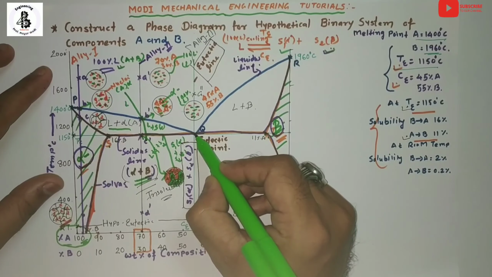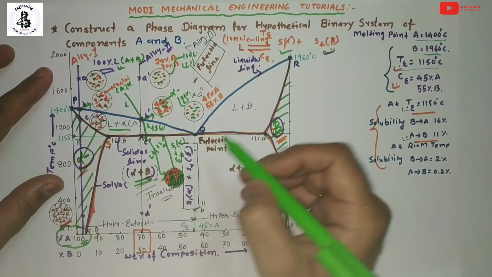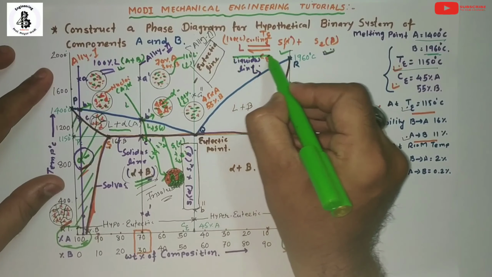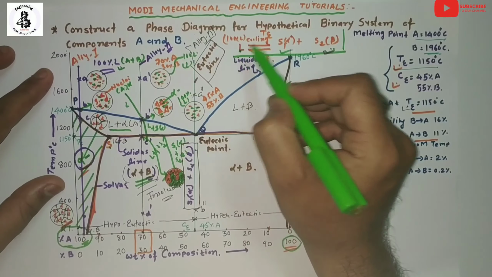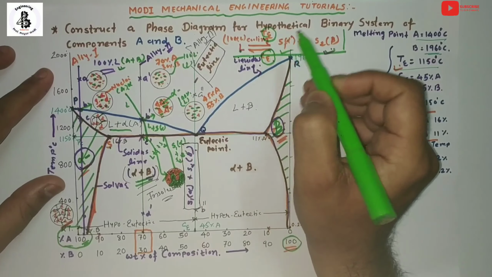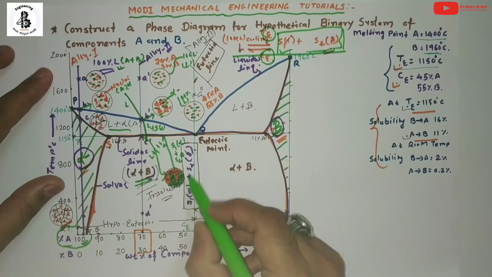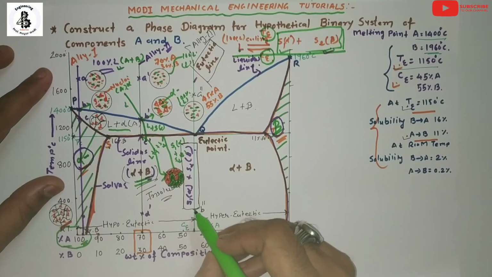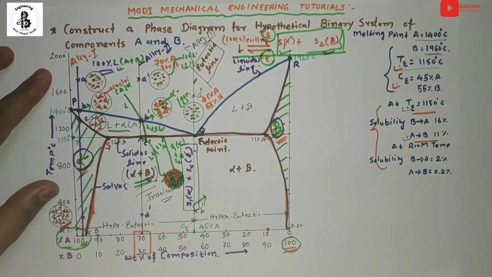After the eutectic temperature line, it converts into two different solids, because we already discussed the eutectic reaction. So 100% liquid, on cooling at the eutectic temperature and eutectic composition, becomes two different solids, alpha plus beta. Now I would like to draw a microstructure for alpha and beta.